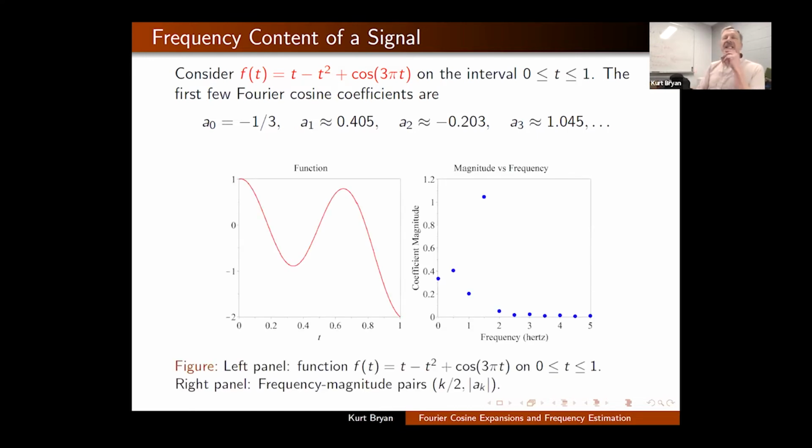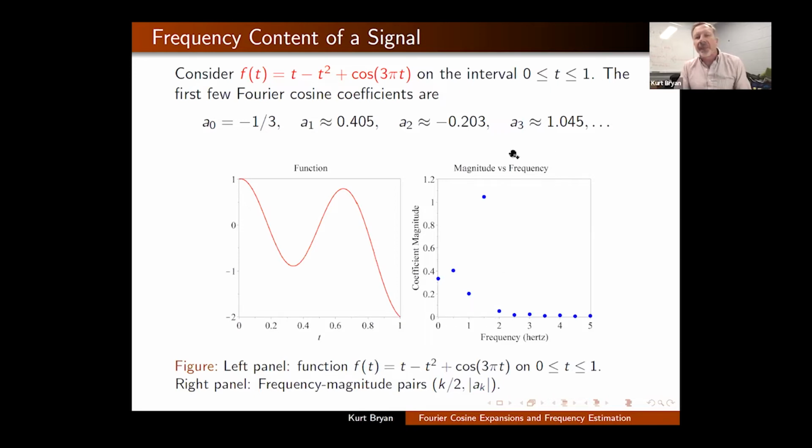And you can plot this information as follows. On the left, I show the function itself as a function of time. That's the f of t up here. On the right, I plot the Fourier cosine coefficients, or rather their magnitudes, their absolute values. And I plot them as a function of the frequency to which each one corresponds.